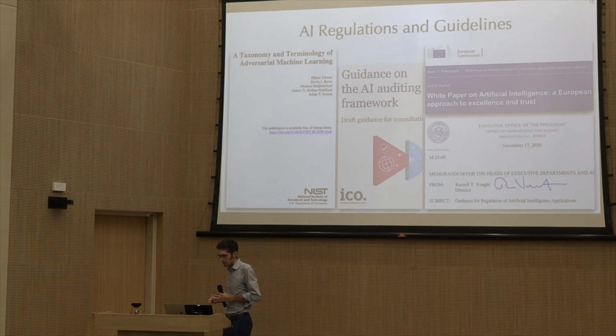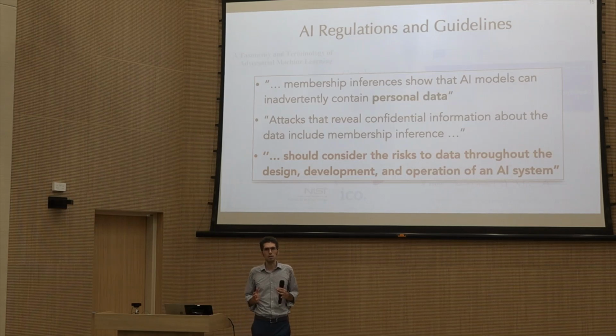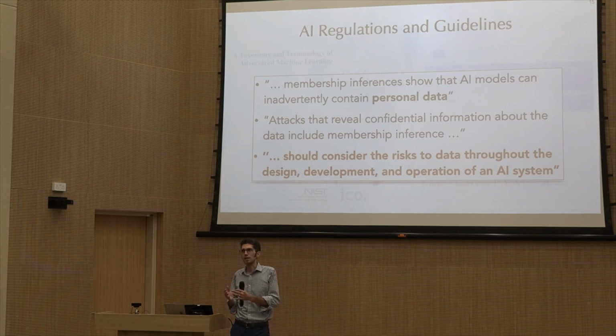Over the last few years, this was designed for machine learning algorithms. It has been recognized by many privacy and security regulations and guidelines as a tool to evaluate privacy risk, and also as a technique that actually reflects the risk.